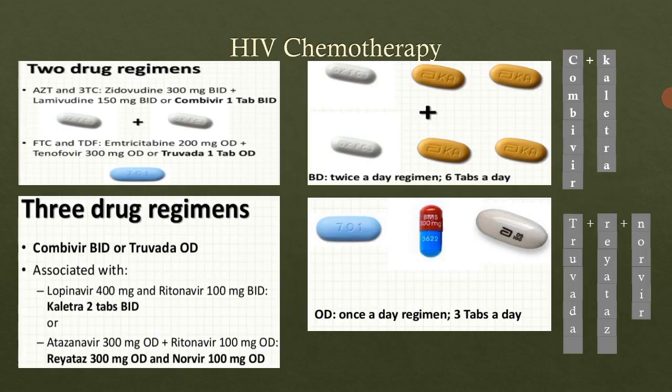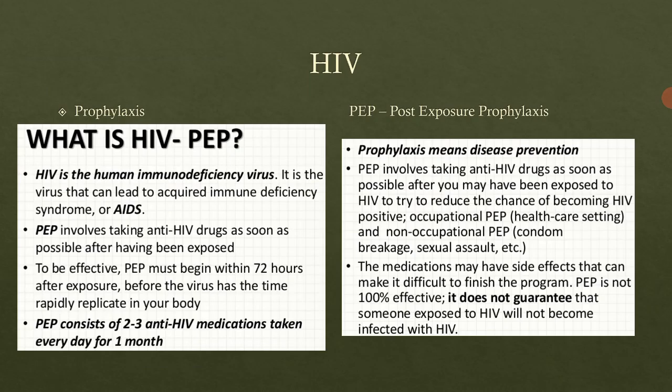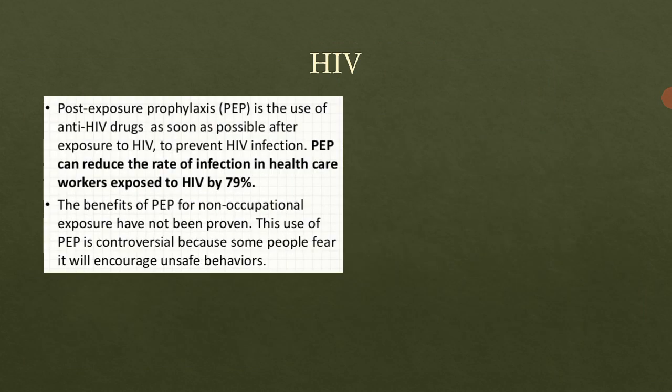So the answer can be Combivir plus Kaletra, the two drug regimen, or Truvada plus Reyataz plus Norvir, the three drug regimen, that can be taken for HIV infection. These anti-HIV drugs are available for the medications.